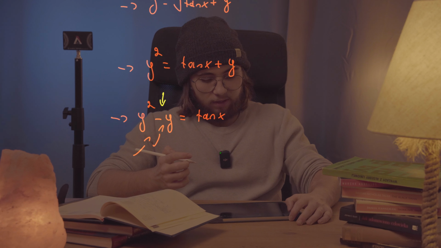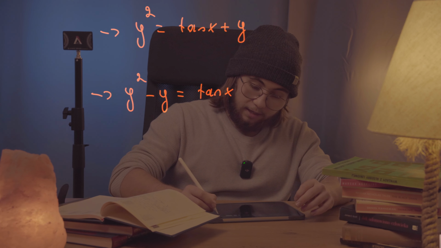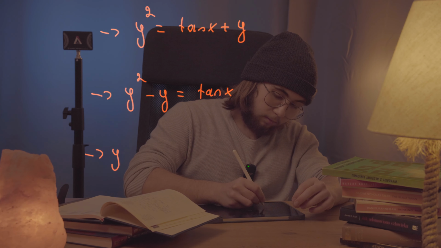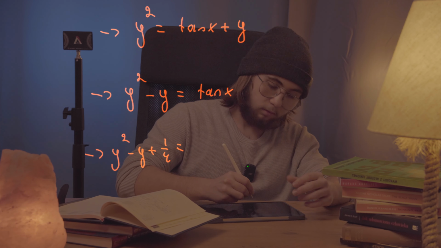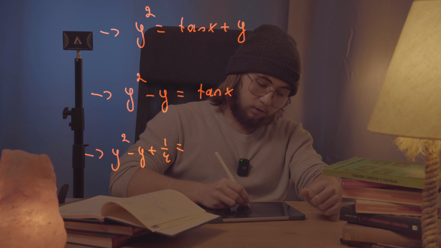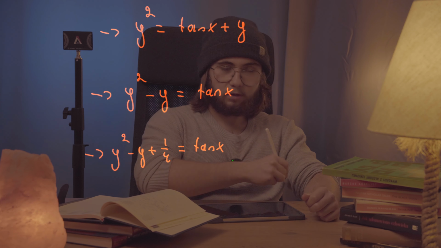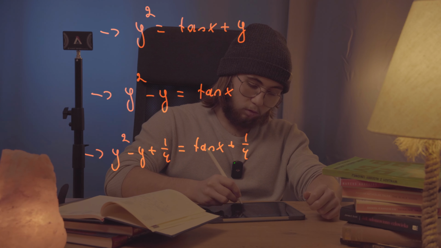Well, if I add a quarter on both sides of this equation, I'm going to complete the square nicely on the left-hand side. So let's do it. I'm going to be left with y squared minus y plus a quarter equal to tangent x plus a quarter.